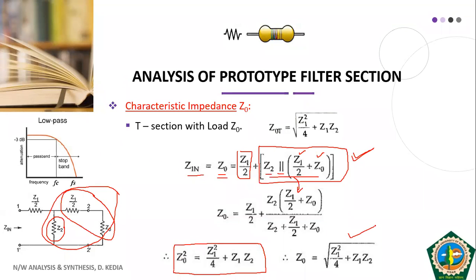Z0 is equal to under the root Z1 square by 4 plus Z1 into Z2, where Z1 is the series arm impedance and Z2 is your shunt arm impedance. And this formula is very, very important, as it will be utilized in every design numerical of your constant K filter. I hope this derivation is clear and it is very, very simple. Now let us move forward.